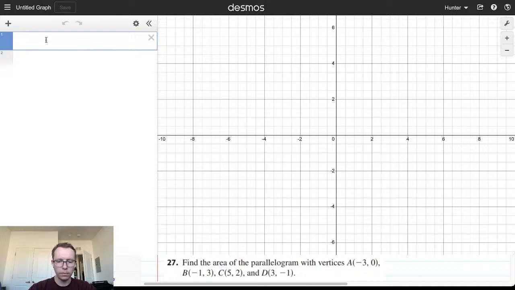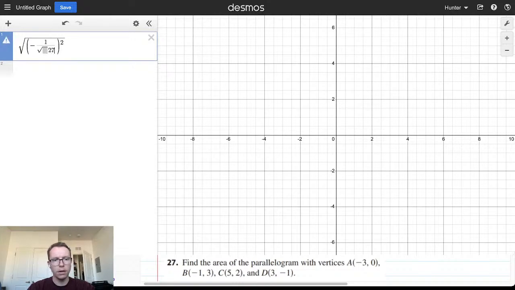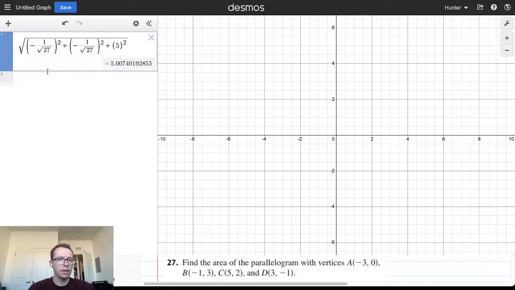Okay. So we need the square root of -1 over root 27 squared, plus the same thing, -1 over root 27 squared, plus 5 over square root 27 squared.